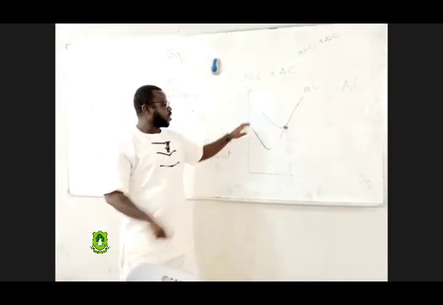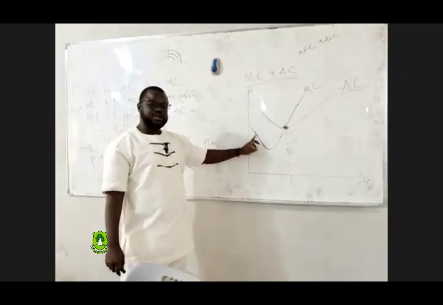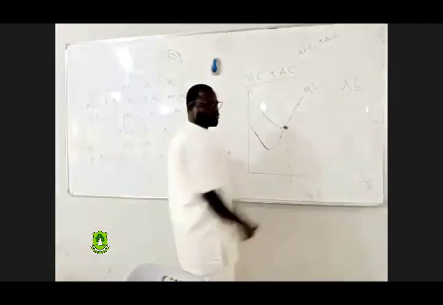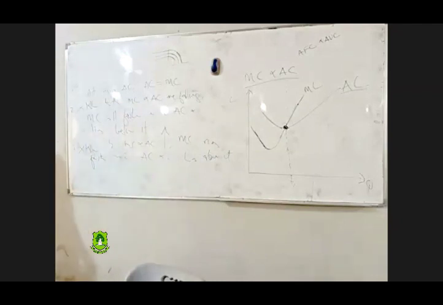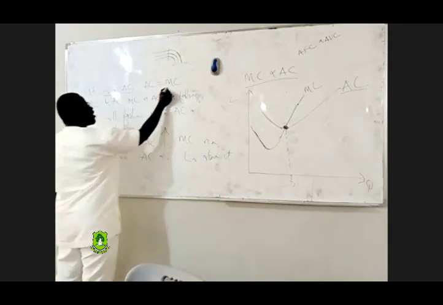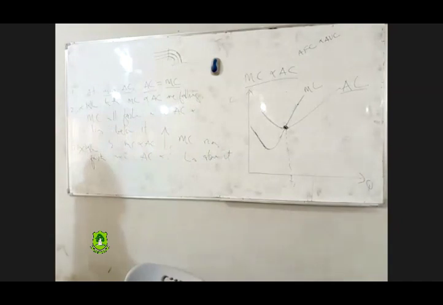In other words, when both marginal cost and average cost are falling, which one falls faster than the other? And then the other one too will also hold. So because of that, marginal cost will always cut the minimum point of what? Average cost. And at the minimum point of average cost, marginal cost is always equal to what? Your average cost. Any question before we proceed?